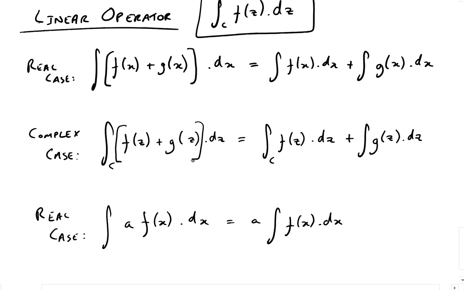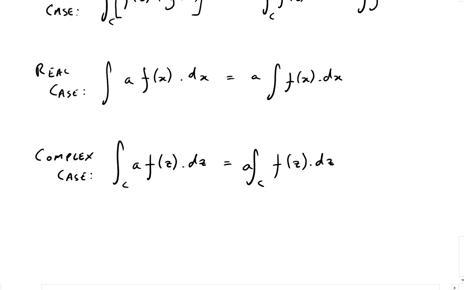Say for example we have the integration of a complex function plus another complex function. That's just the same as the integration of the first complex function plus the integration of the second complex function. That's what we mean by a linear operator. Of course, if we have a constant times a function, we can just take that constant outside the integration.